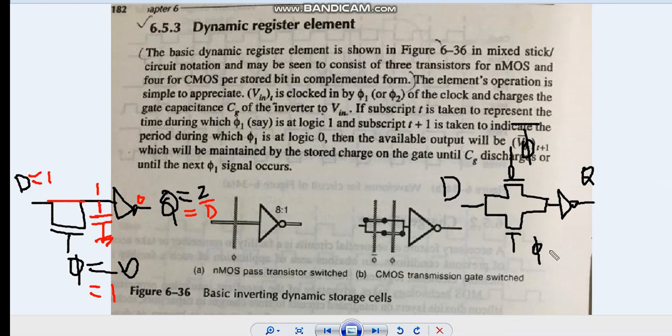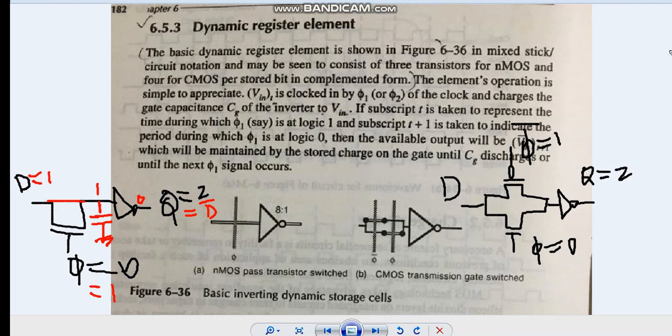Okay, so let us now analyze with respect to values here. If phi is equal to 0, then what happens? Phi bar will definitely be 1 here. So when phi is 0 and phi bar is 1, this is an off condition, and once again Q takes a value of Z, high impedance here, right?